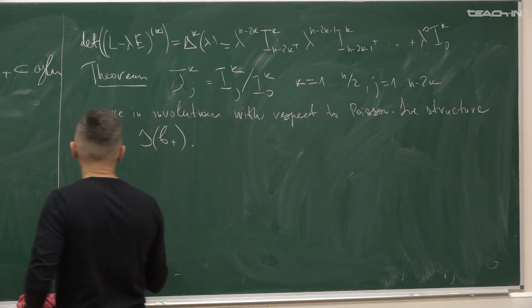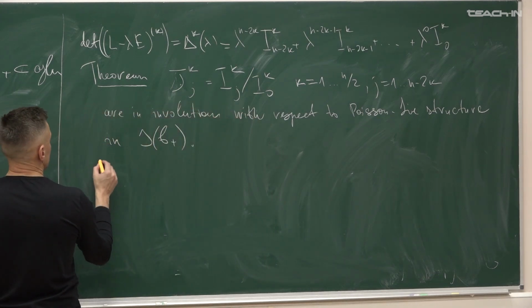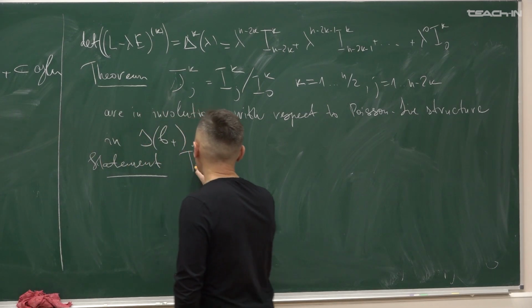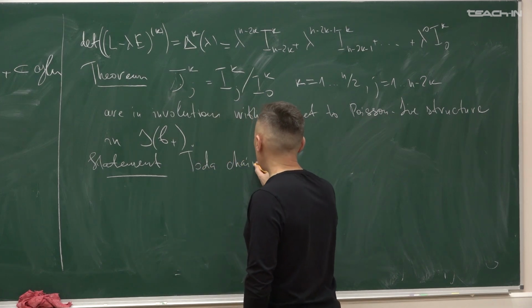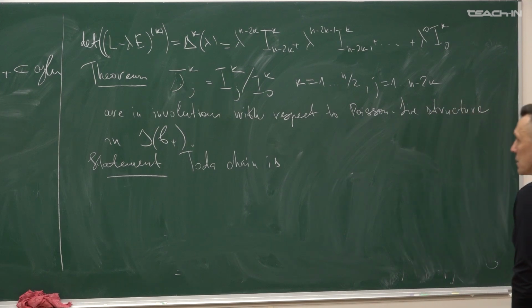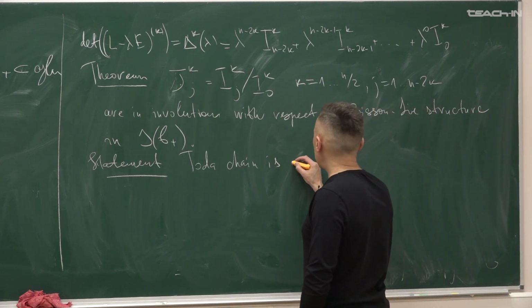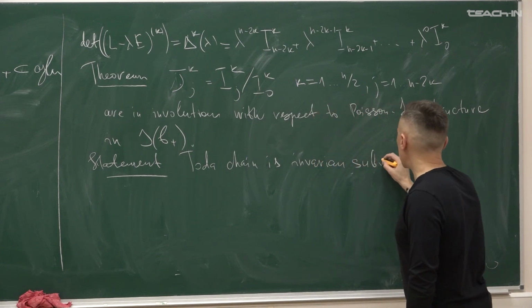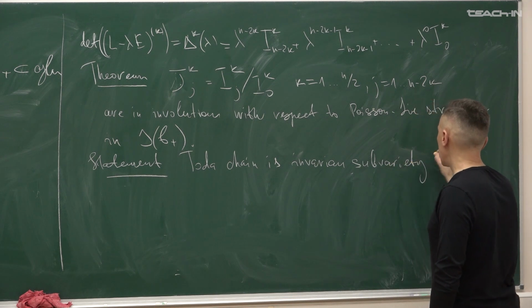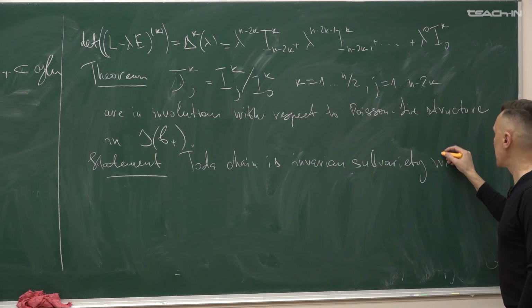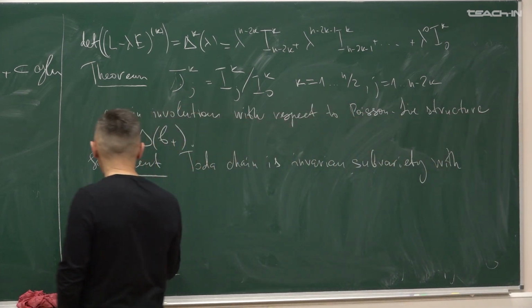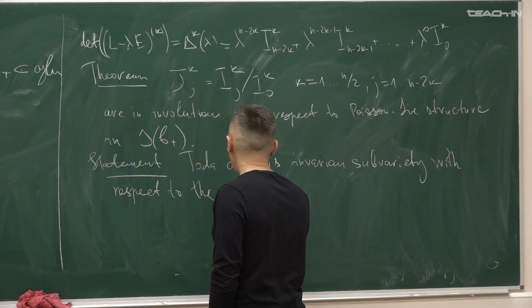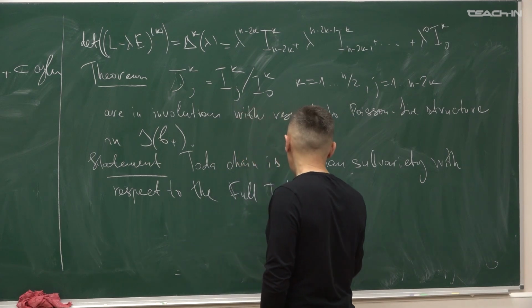So my statement is that the Toda chain is an invariant subspace, a subvariety, which is invariant with respect to the full Toda system.